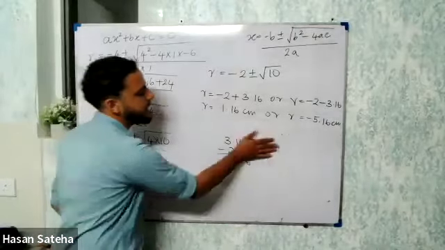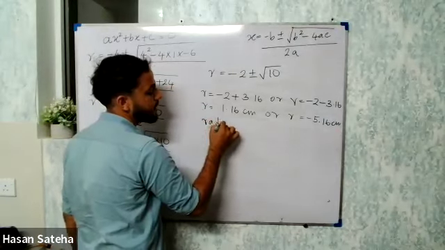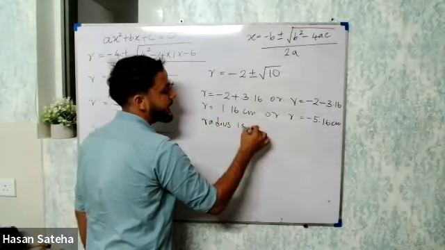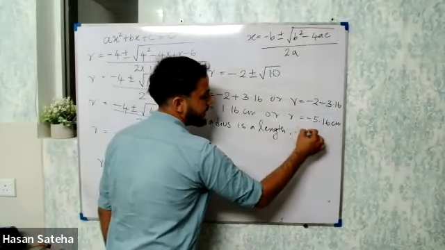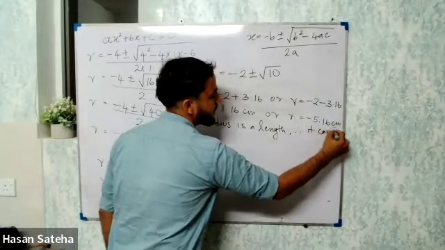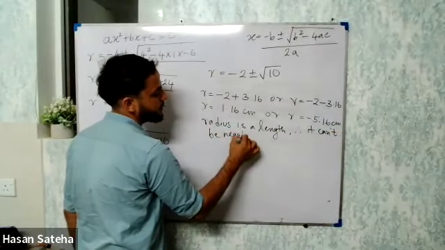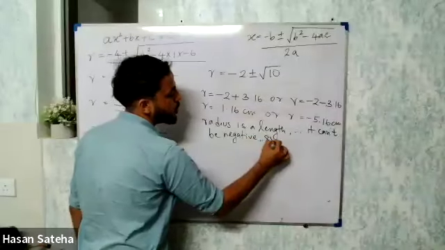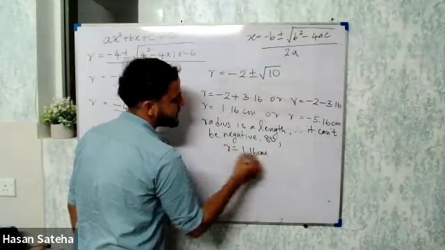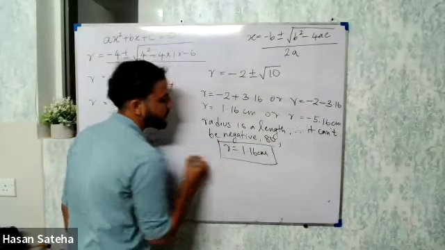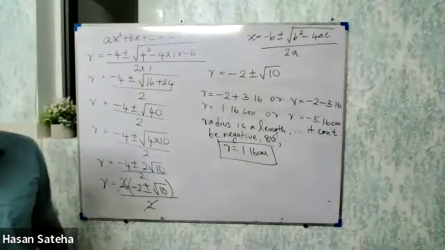So definitely the length should be positive. So you can say radius is a length. Therefore, it can't be negative, right? So R is equal to 1.16 centimeters.